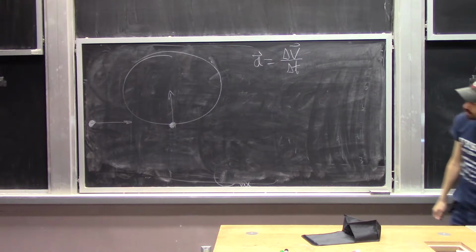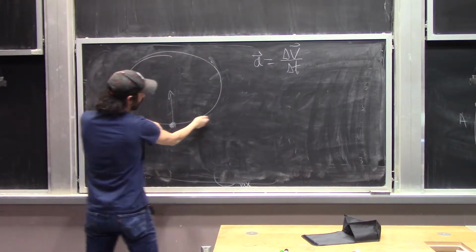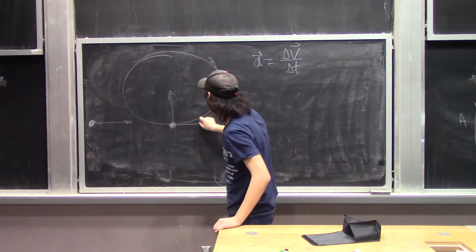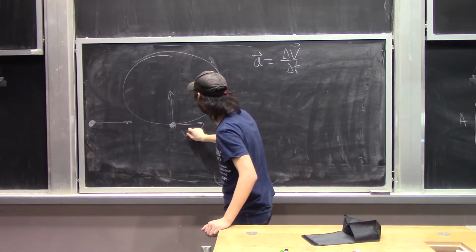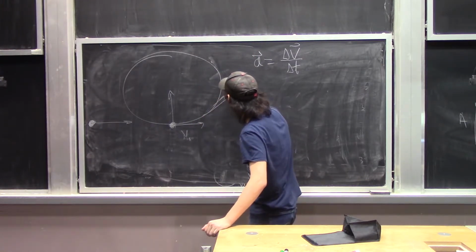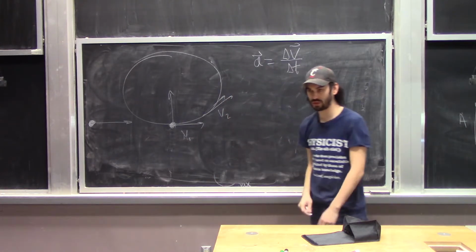Okay? So if we kept hitting this around the outside to make it go around in the circle, we'd see that we had some initial velocity right here. We'd have some later velocity that looked like this. So we call this v1 and v2.